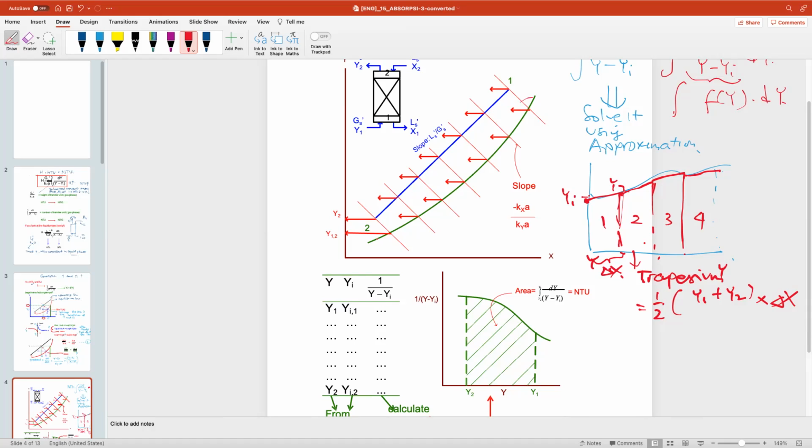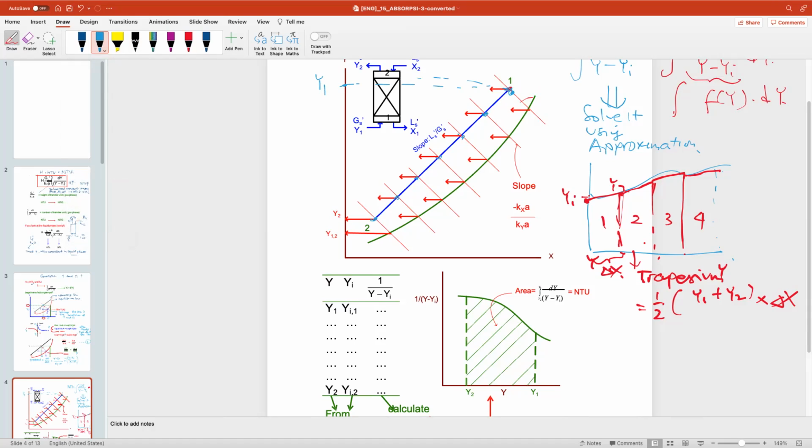Let's say we want to increase from y1 to y2, from this one into this one, and let's make this into segments 1 2 3 4 5 6 7.